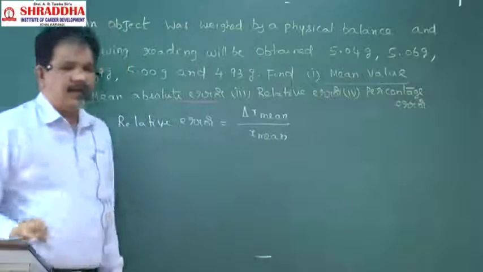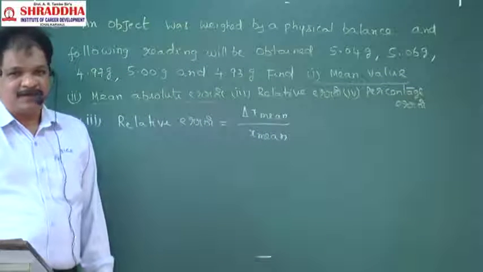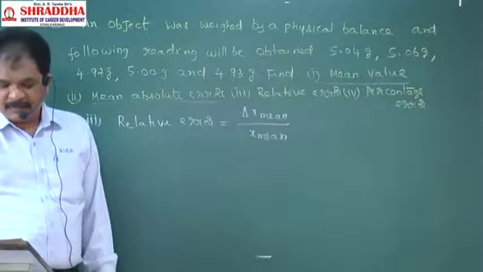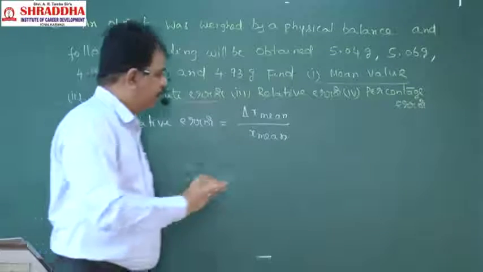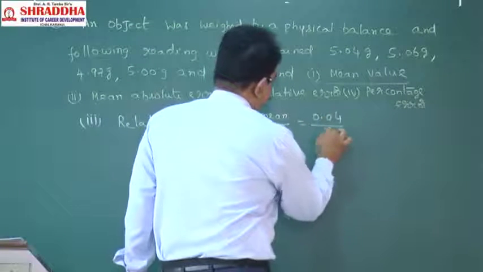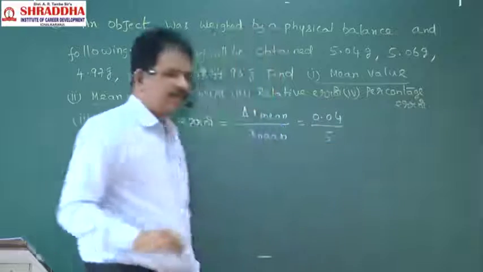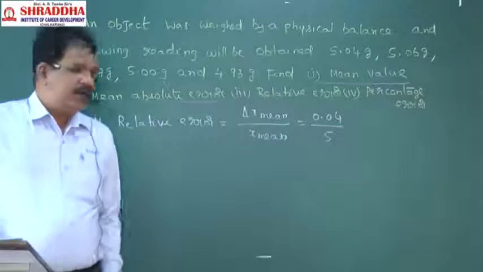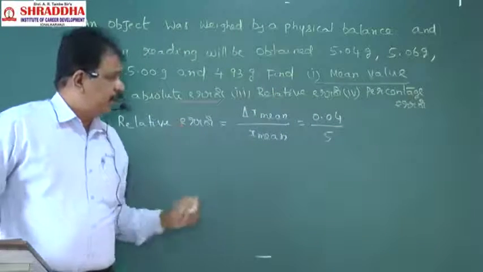So this is 0.04 by 5, which is called the relative error.